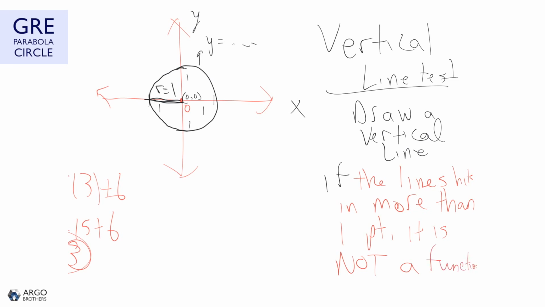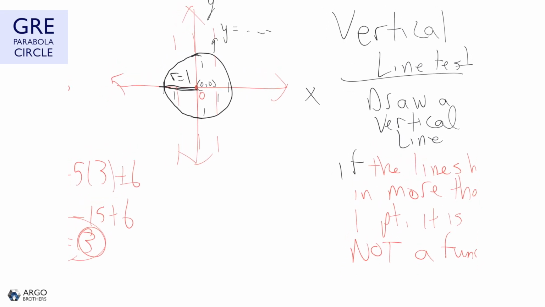So let's do the vertical line test. Let's draw a vertical line. If we drew one here, how many points does it hit? Well, one here and one here. Same thing if we drew it here and here, okay? So this circle is not a function, but that's okay, we can still graph it.